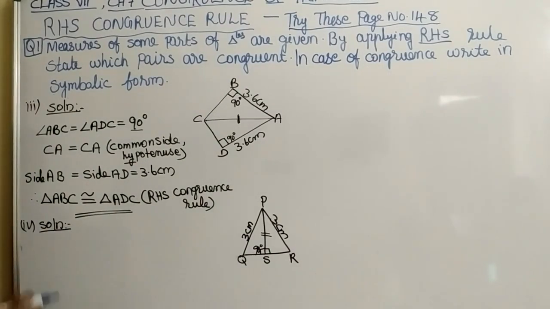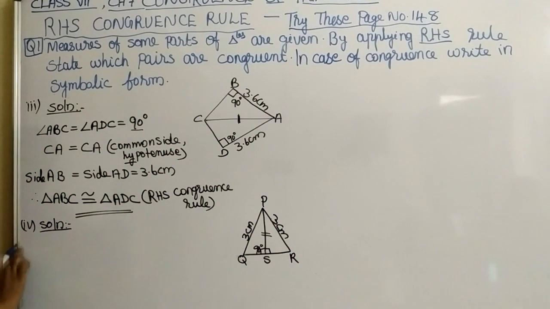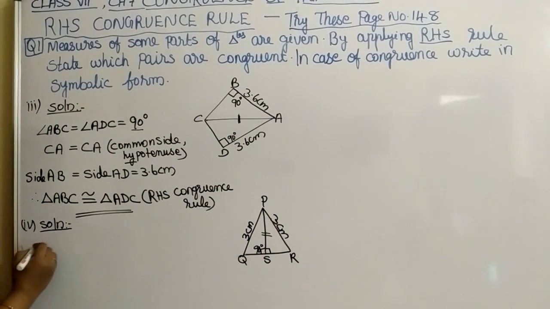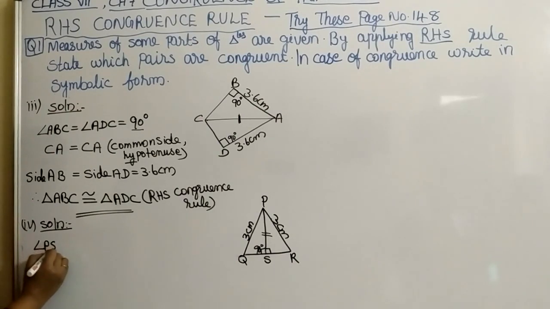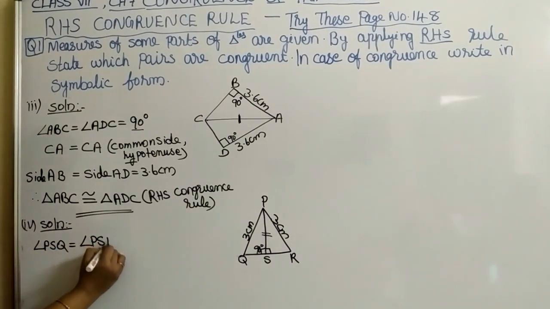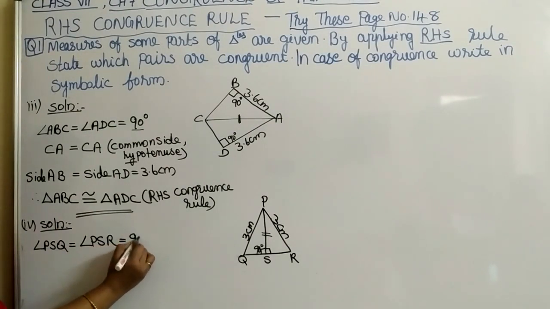Now we can write the steps for obtaining congruency. The first one, 90 degrees. So we can write angle PSQ equal to angle PSR equal to 90 degrees.